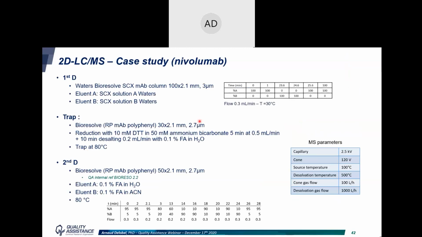The second way to perform the test is to use roughly the same analysis. The gradients are slightly different for the trap and for the second dimension, but we have included a reduction step with 10 millimolar DTT on the trap column to reduce the sample into light and heavy chains.